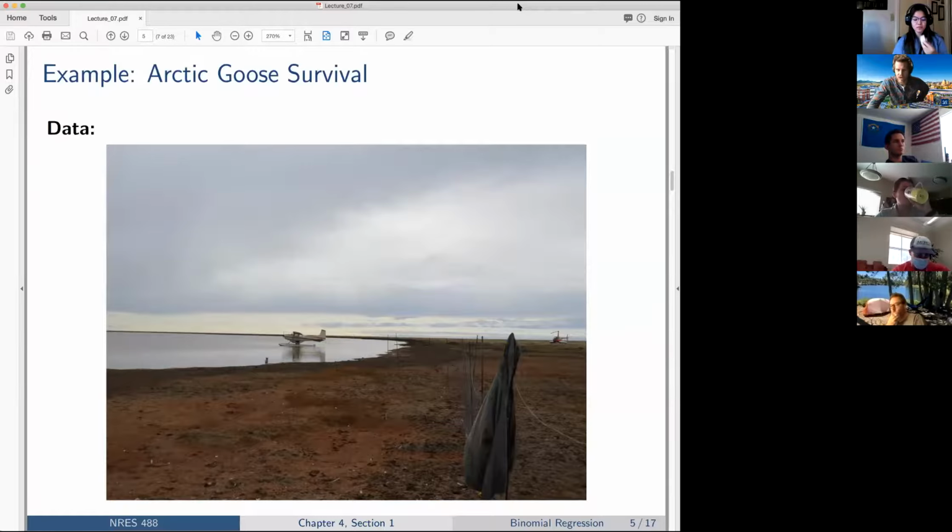A big portion of the population flies to these lakes in Alaska. They shed all of their feathers so they can't fly, and then they regrow new feathers. This is a good place for that because, except for this Arctic fox here, they're relatively safe. And they need to be safe when they can't fly.